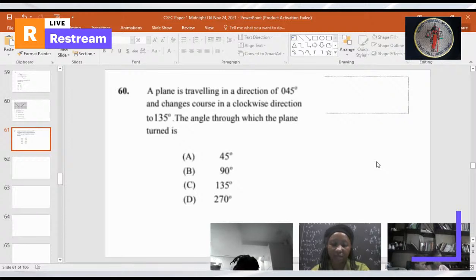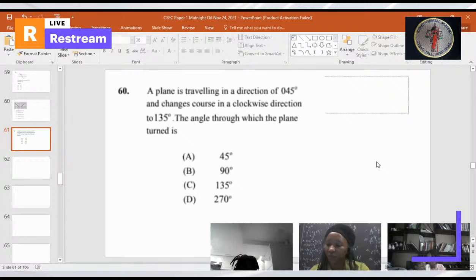So between the north and the east, that's 45 degrees. That's the original course the plane is on. And then it turns clockwise to 135 degrees, which would be in between the east and the south. So they want the difference of that angle.